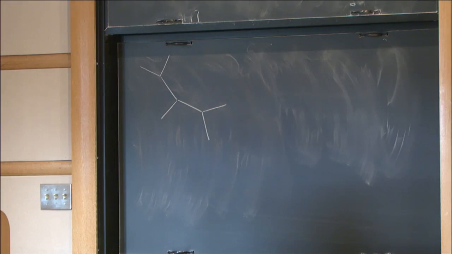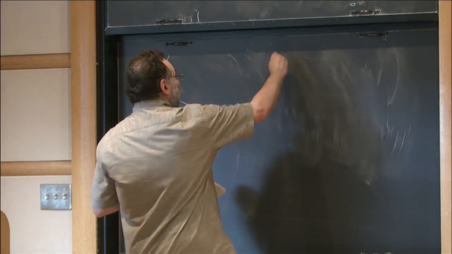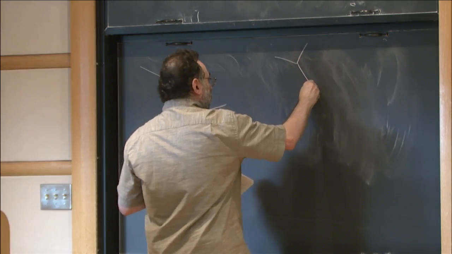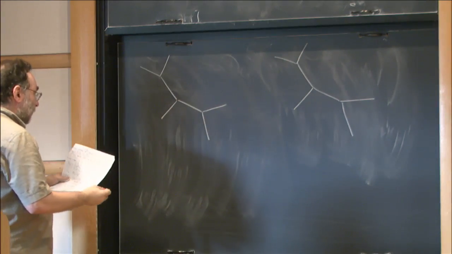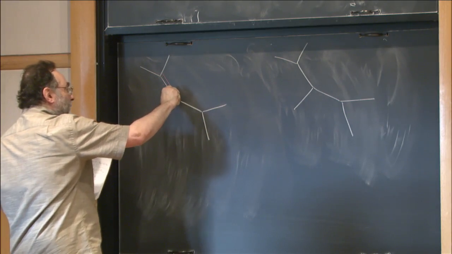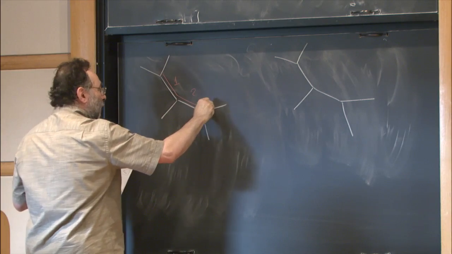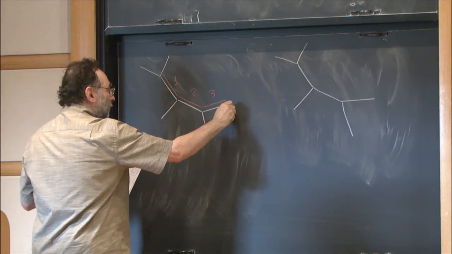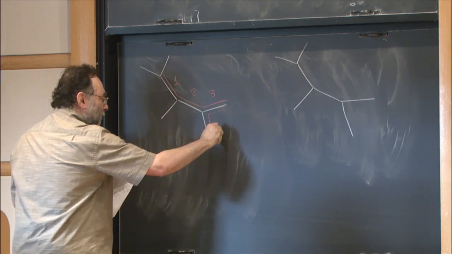But we are not yet done, so let me take this graph and draw a similar copy here. Now, you can try to order the graph as follows. You choose edge number 1, then edge number 2, then number 3. Here you don't do anything because you already counted this edge. This is number 4.